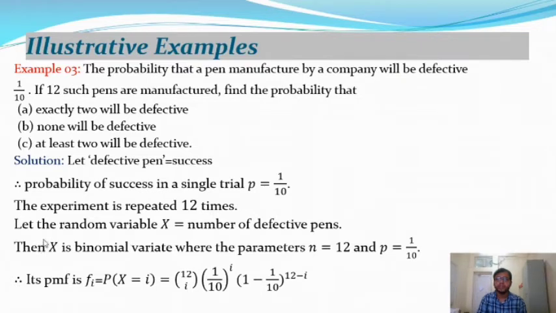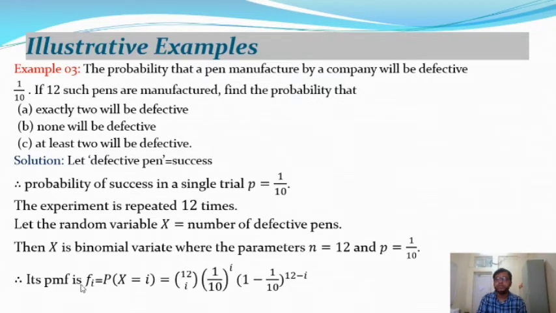So let the random variable capital X be the number of defective pens. Then X is a binomial variate where the parameters are n equal to 12 as well as p equal to 1 by 10, where p is the probability of success and n is the total number of trials.